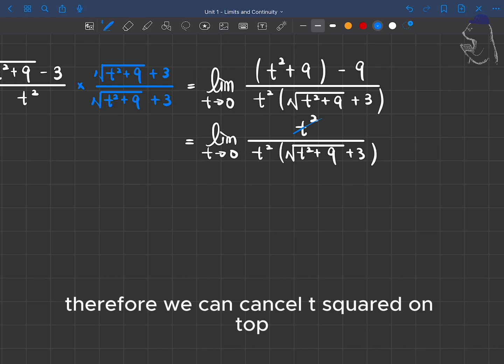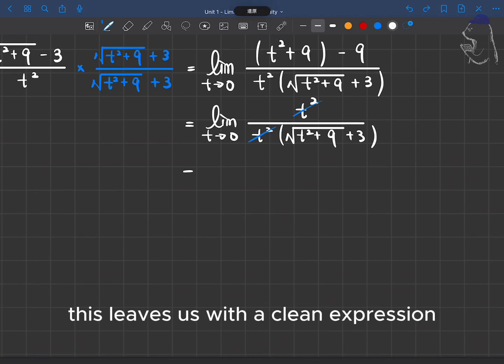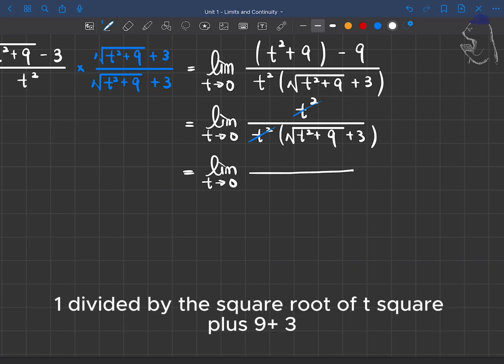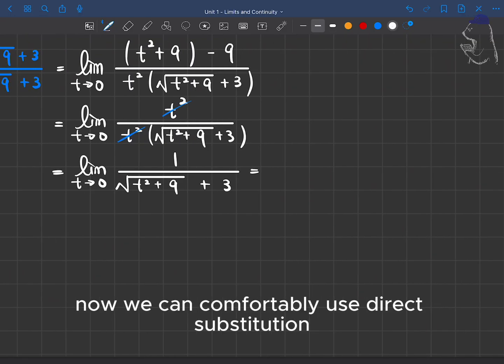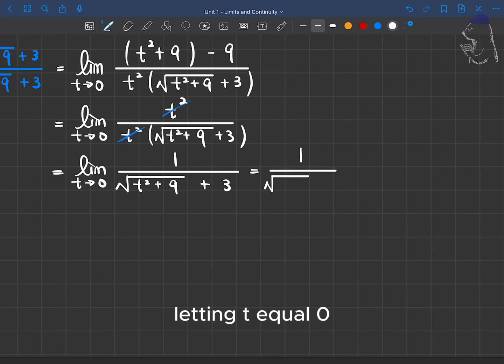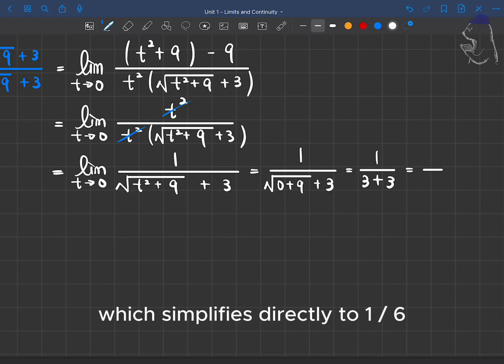Therefore, we can cancel t squared on top with the t squared on the bottom. This leaves us with a clean expression, 1 divided by the square root of t squared plus 9 plus 3. Now we can comfortably use direct substitution. Letting t equal 0 gives us 1 over the square root of 9 plus 3, which simplifies directly to 1 over 6.